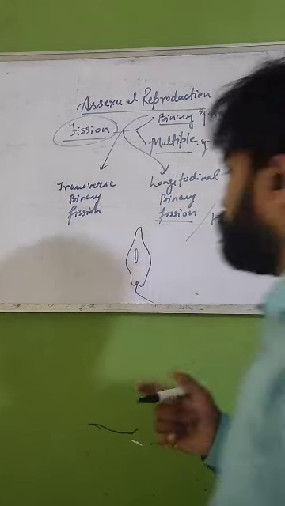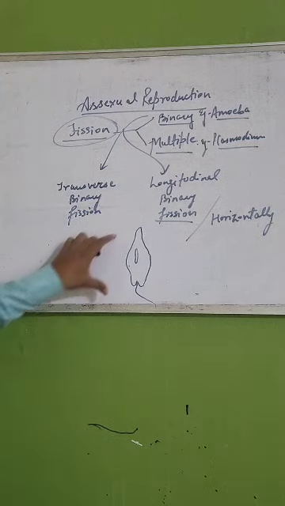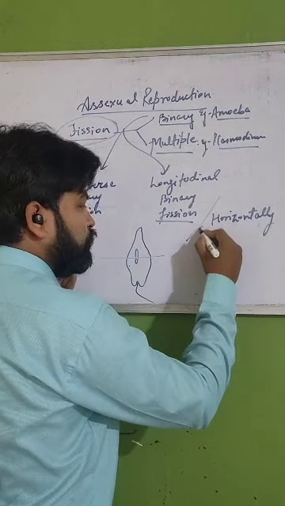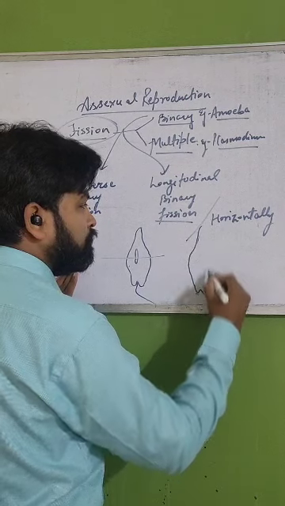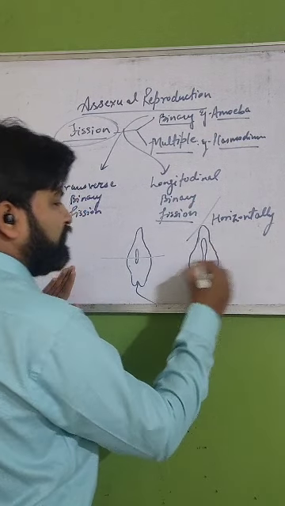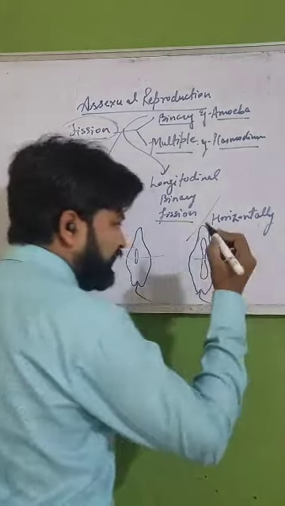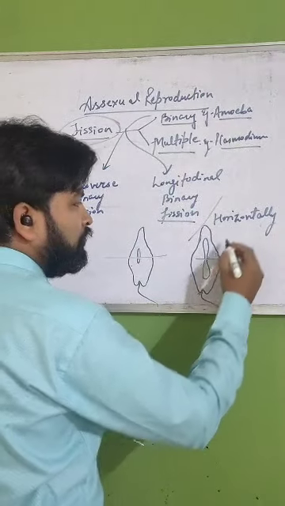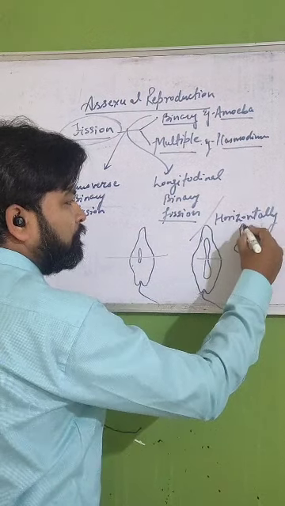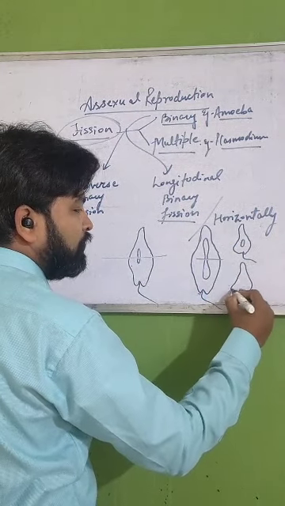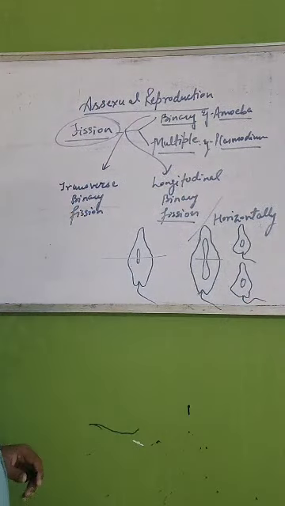If we are taking the example of planaria, you see this is the body of the planaria and the division will take place horizontally like this, which means the nucleus will elongate first and then it will divide from here, and once nuclear division has taken place, soon after it there will be cytokinesis and it will form a new organism. So this is known as longitudinal binary fission.